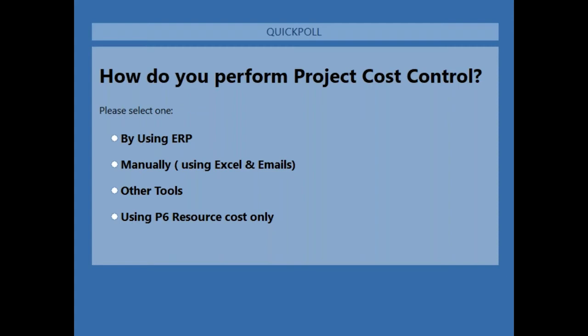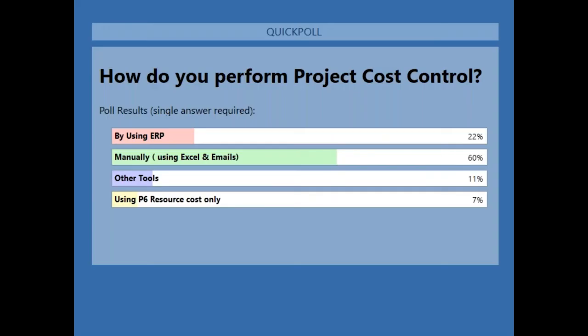All right, team, I'm going to close down this poll now. These are the results, you can see them now. Using ERP is about 22%. Manual is on the higher side, 60%. Other tools are about 11%, and P6 usage is 7%.